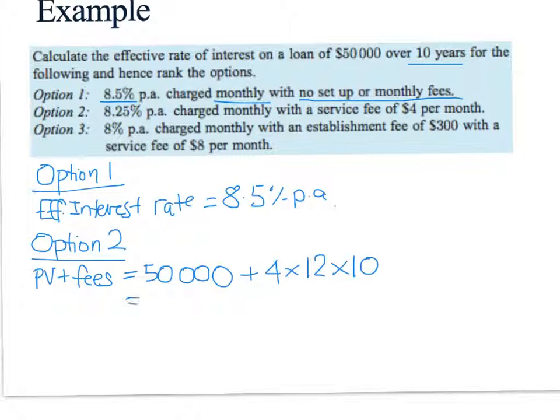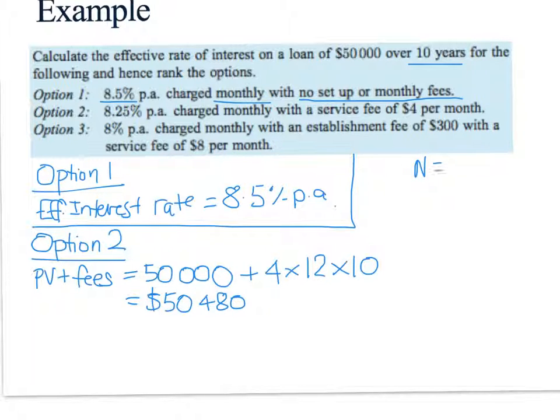And so when we add that, we get 50,480. Probably should have done this one on a new slide, but it'll be okay. Might do it over here a bit. So the next step we have is to organise one of our little lists.